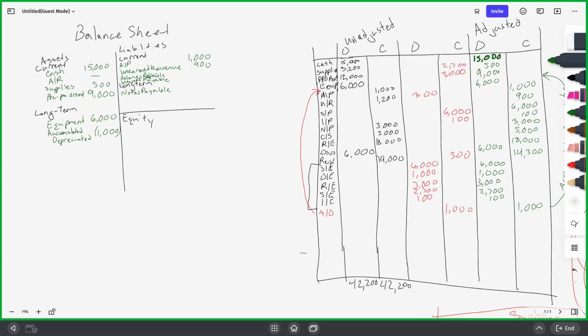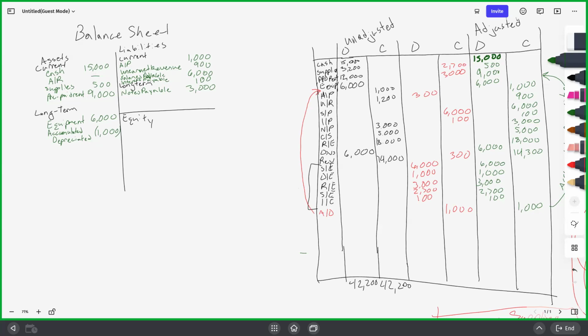So, equity time. What's in our equity? Expenses? No, expenses aren't on the balance sheet. What else is not on the balance sheet? Dividends is not.